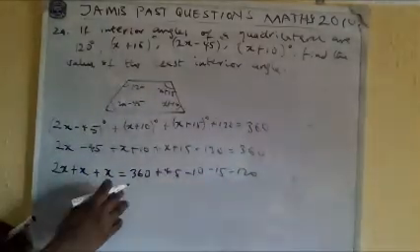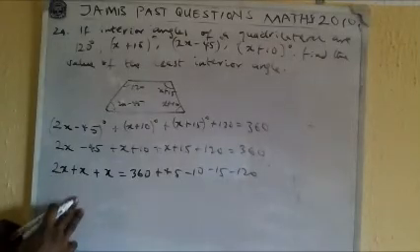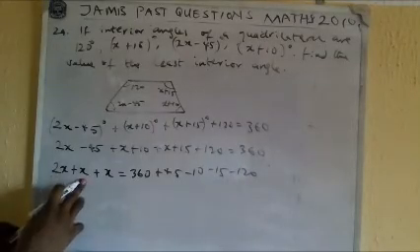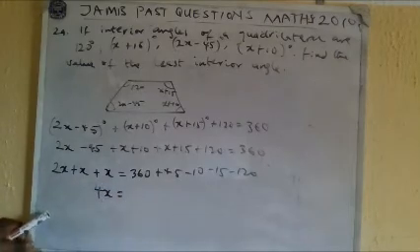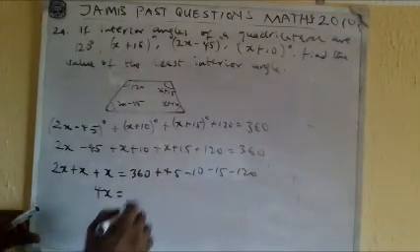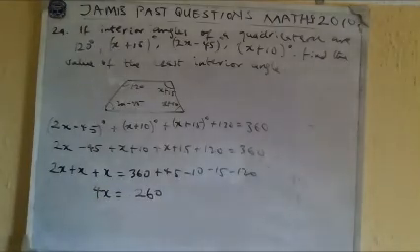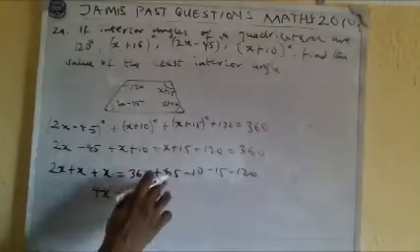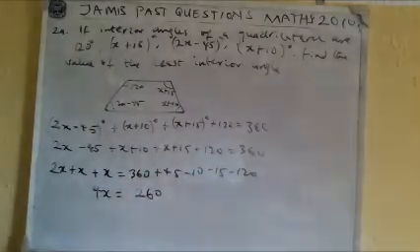Okay, so let's add them together. 2x plus x is 3x. 3x plus x is 4x. It is equal to, at this point, by the time you use your calculator, what you have here is 260. 360 minus 120, minus 15, minus 10, plus 45 is 260.